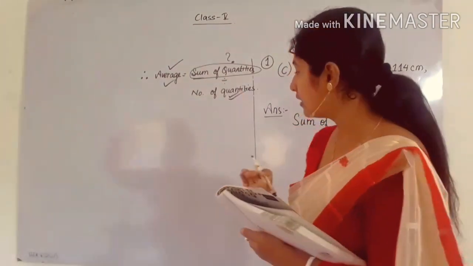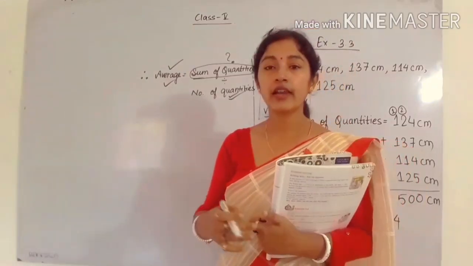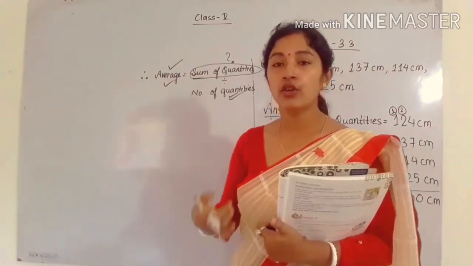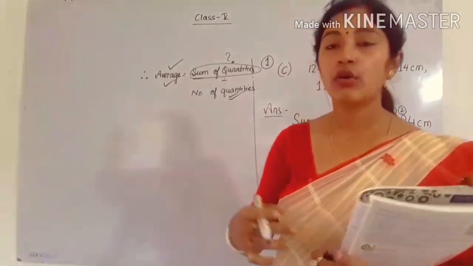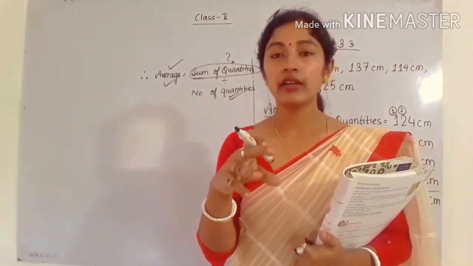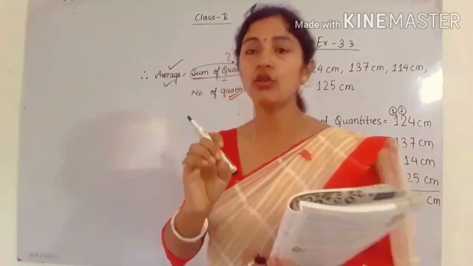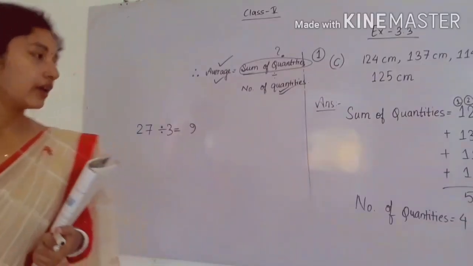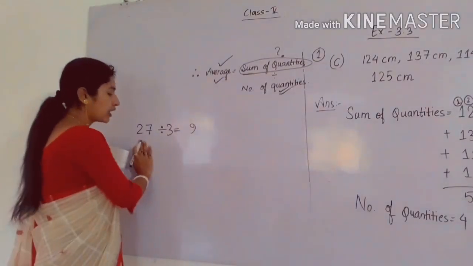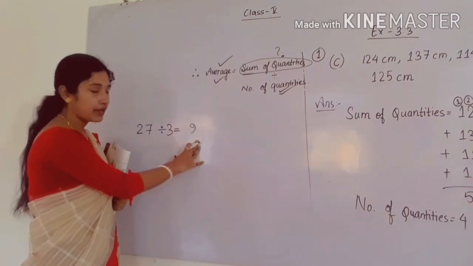So how will we find it? In lower classes, like class 4 and class 3, you have already studied multiplication facts. Using division facts, we can easily find multiplication facts. I have taken one example: 27 divided by 3 is equal to 9.